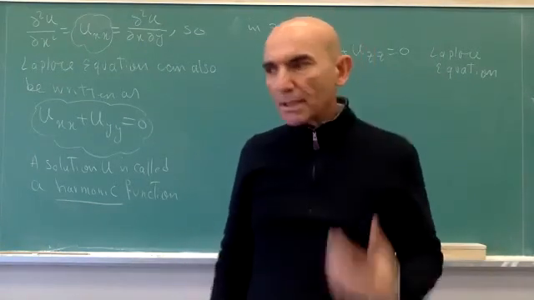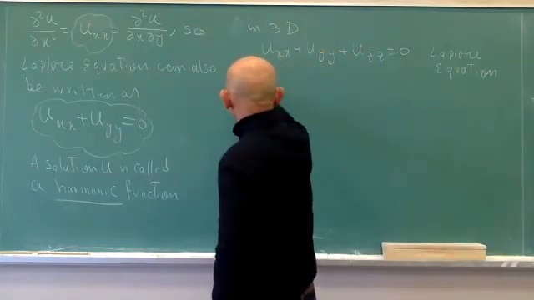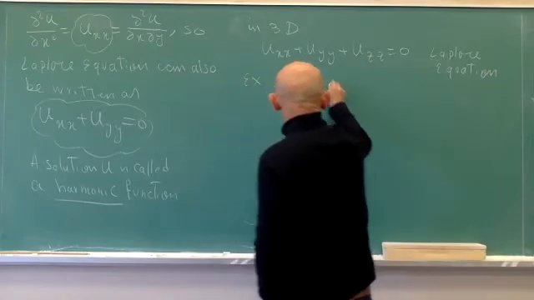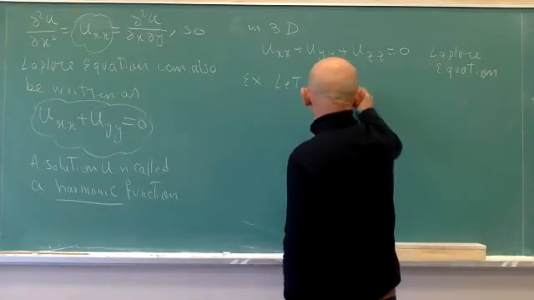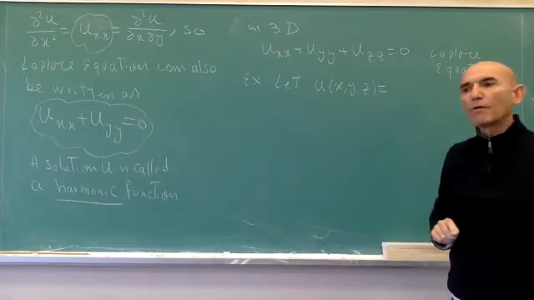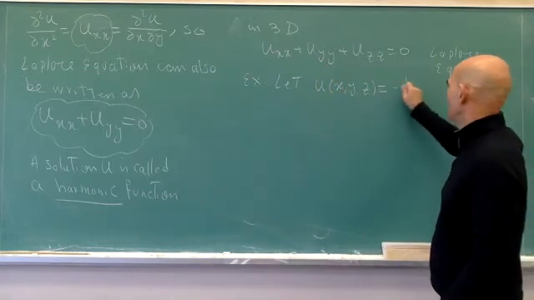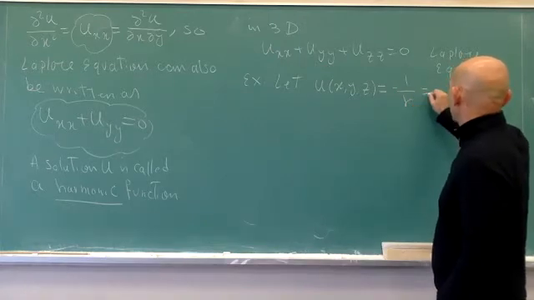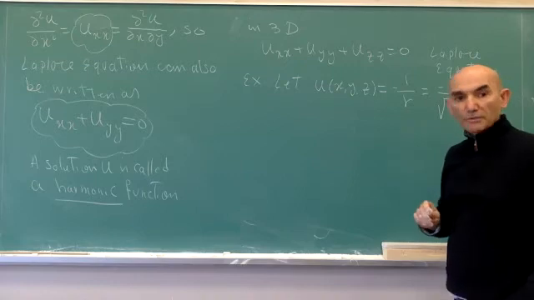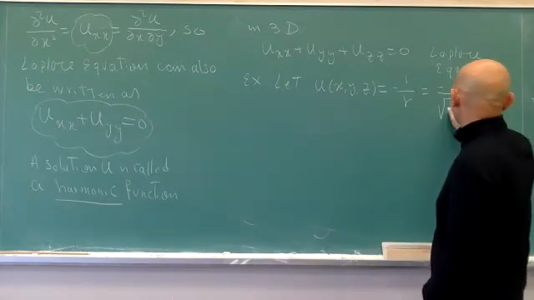Okay, so let's take a function like this. So here's an example. Let u of x, y, z be equal to -1 over r, which is -1 over the square root of x2 plus y2 plus z2, right?